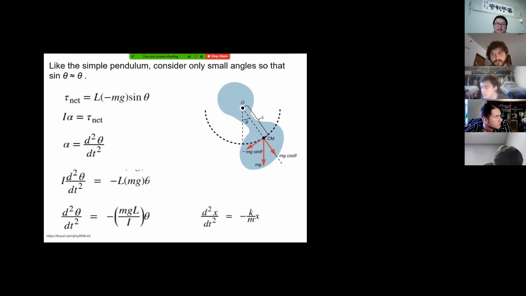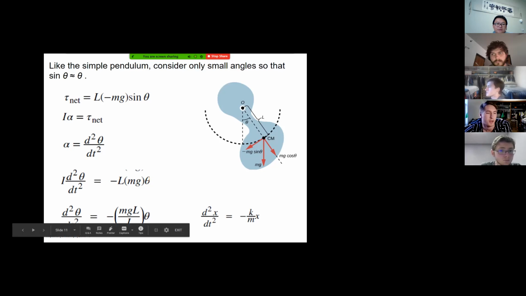Now if you put I on the right hand side of the equation, then on the left hand side you only have the second derivative of the angular position, d squared theta over dt squared, which equals minus mgL divided by I, the moment of inertia of the physical body, times the angular position theta.